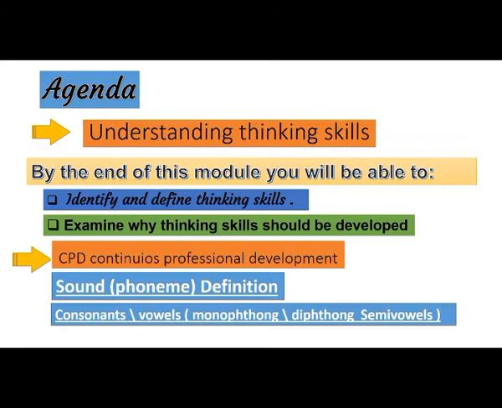The second part of this session is CPD, Continuous Professional Development, and we are going to talk about sound or phoneme definition, the sounds that are in English, such as consonants and vowels, and the vowels are divided into monophthong, diphthong, semivowels, and so on.